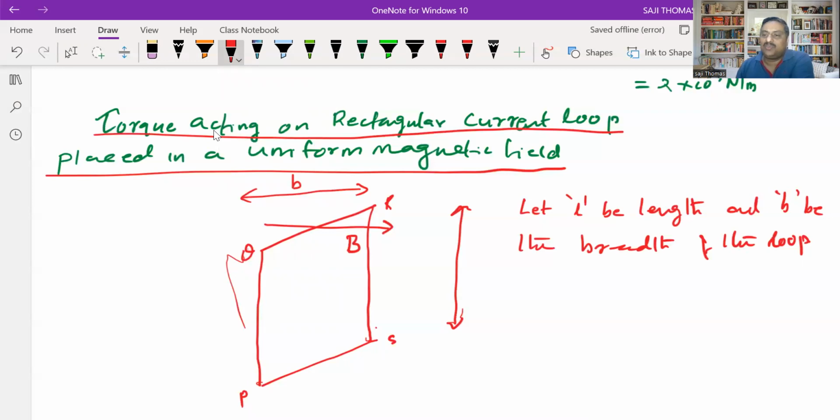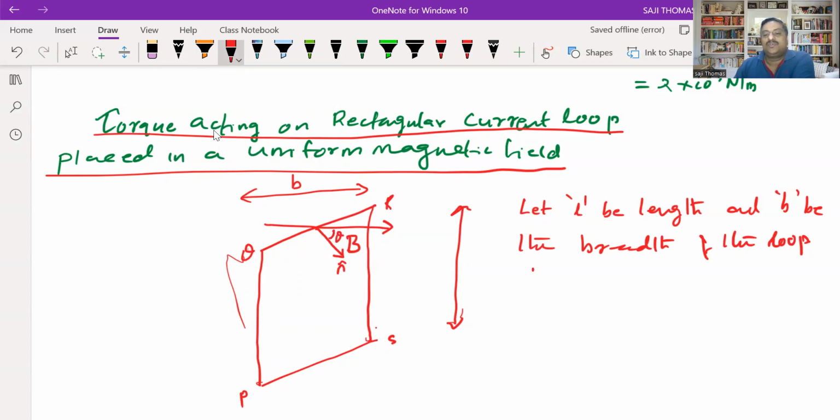So B is the strength of the magnetic field. This magnetic field makes an angle theta with the normal to the plane of the loop. See, the normal to the plane of the loop is this one, represented by N. This angle is theta.